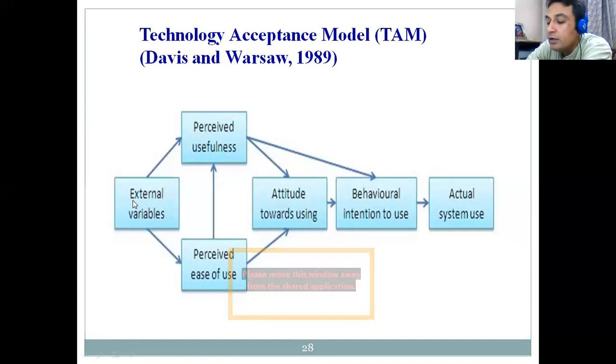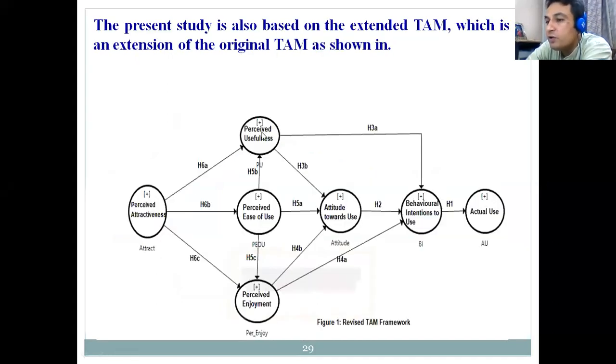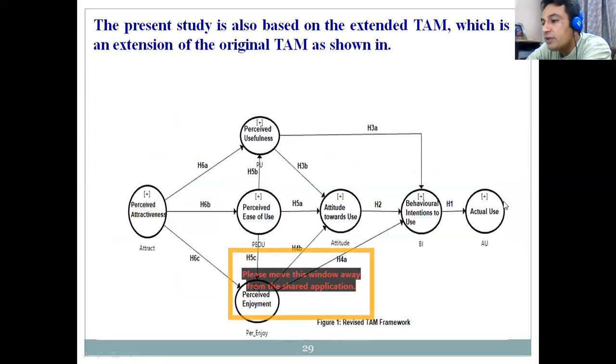Fine. Now we use this TAM and we extended it to develop this model. So this is TAM: perceived usefulness, ease of use, attitude towards use, behavioral intention, actual use. Till here this is TAM, and I will tell you how we can develop the theory. Now we added two attributes of social networking sites, because our study is based upon Twitter.